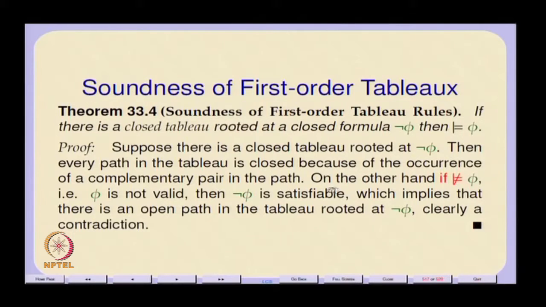On the other hand, if phi is not logically valid, then not phi would be satisfiable, which means the tableau would not be closed, it would have an open path. So, if there is a closed tableau, then phi is valid. This is a way of proving soundness which looks intuitively obvious, and is sort of indirect.